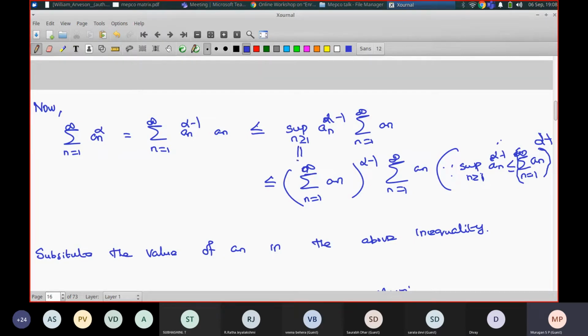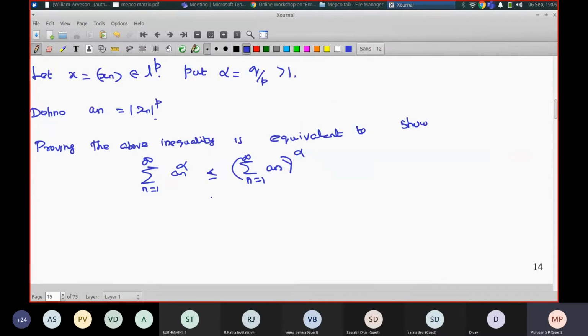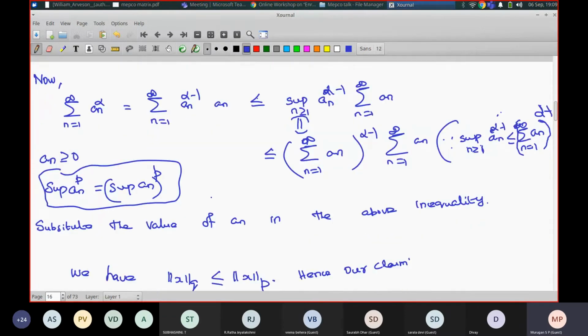Why is this inequality true? Because if you suppose you have a sequence an greater than or equal to 0, the supremum of an power p is the same as the supremum of an, the whole power p. If you use this equality, provided an is greater than or equal to 0, here our an are greater than or equal to 0, because our an is a modulus of xn power p.